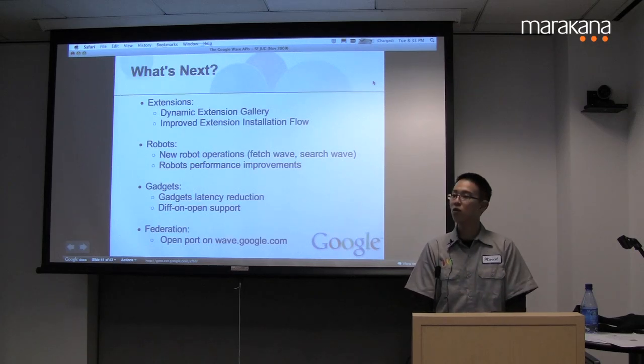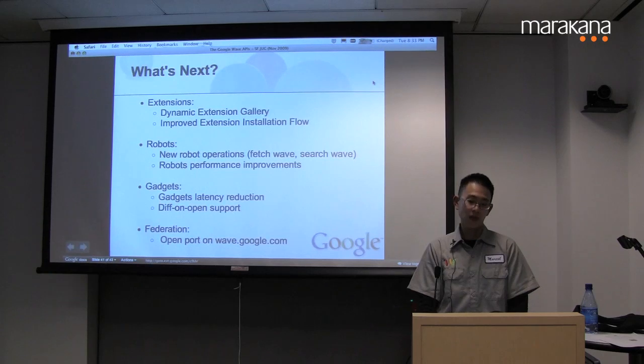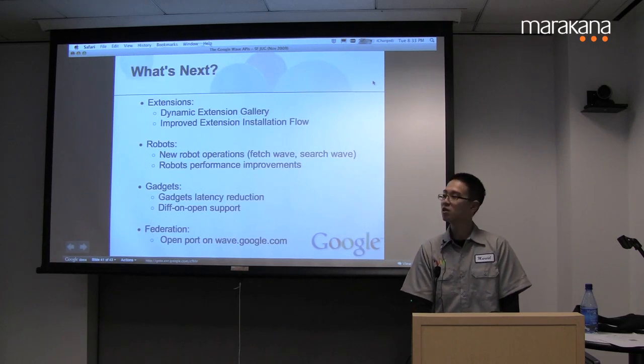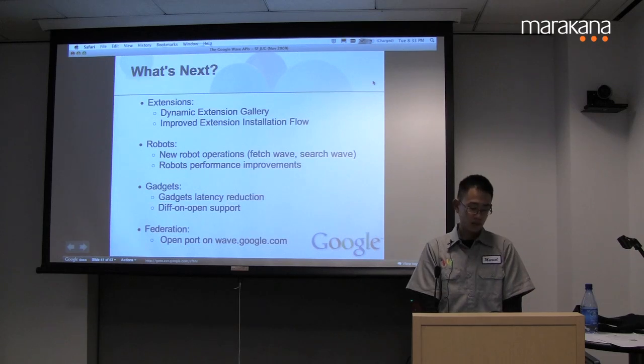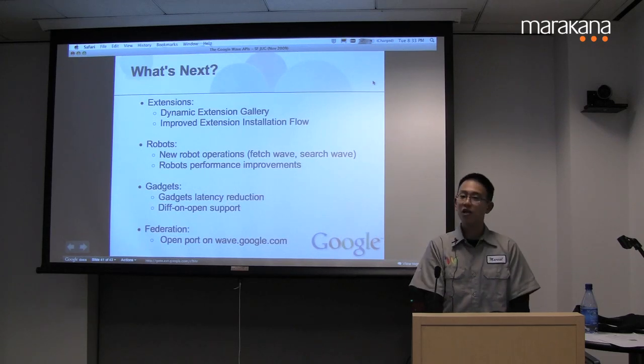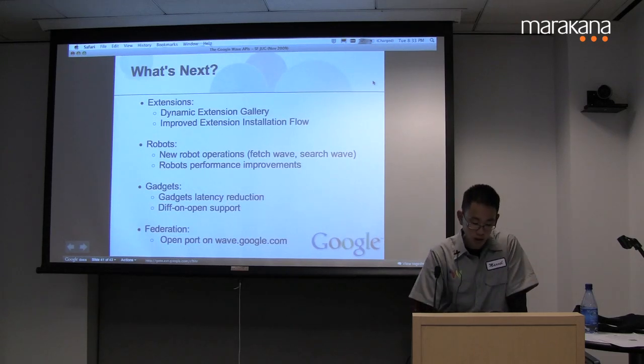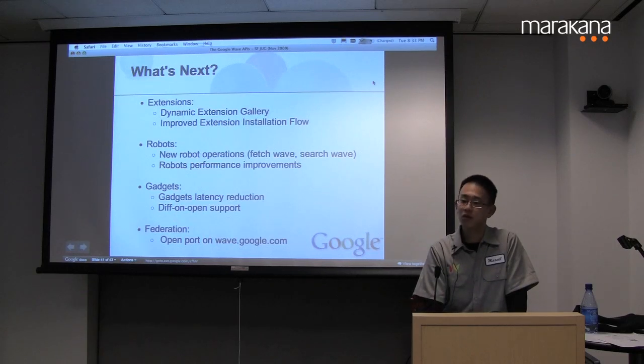The new active API will make it possible for us to implement these new operations. Then we're going to work on robot performance improvements as well, and probably security. For gadgets, we're going to work on latency reduction and also support for diff and open. And for federation, we are going to open the federation port on wave.google.com, that is our public preview instance.